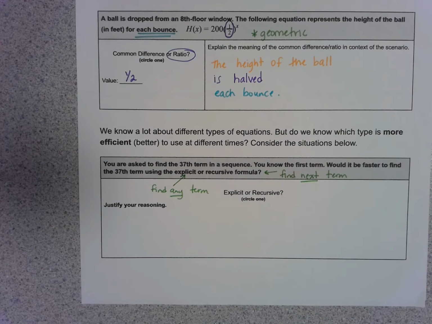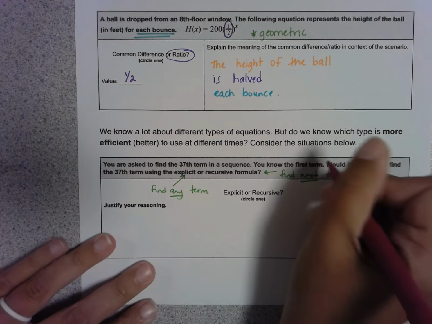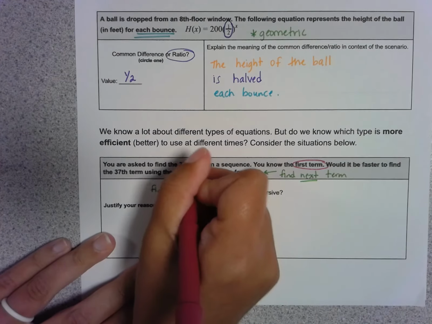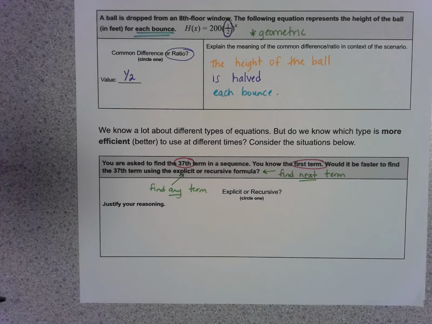Now, we know term number 1, and we want to find term 37. Since term 37 is not the next term, using the recursive formula would be really hard because we would have to find term number 2, 3, 4, 5, 6, 7, etc., all the way up to 37 before we could know that one.